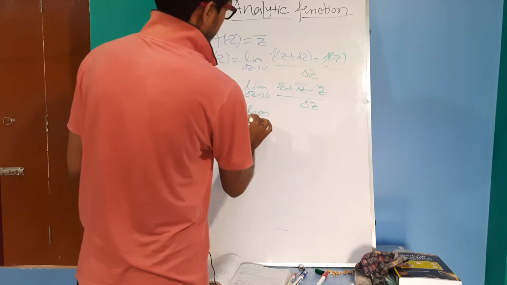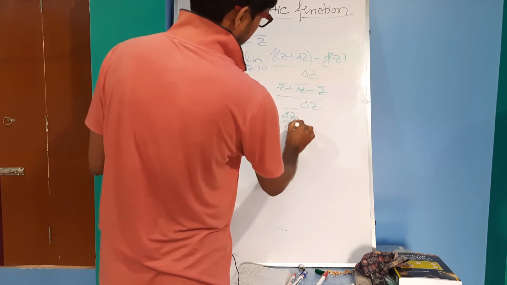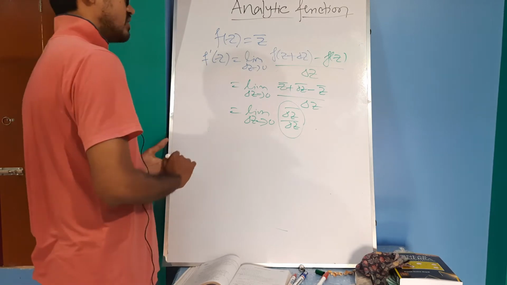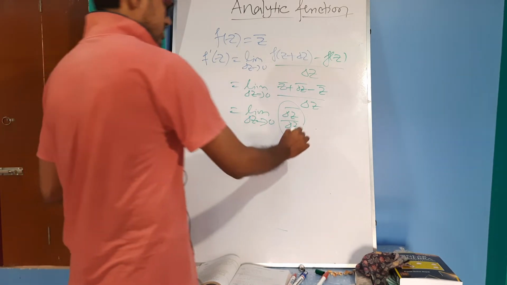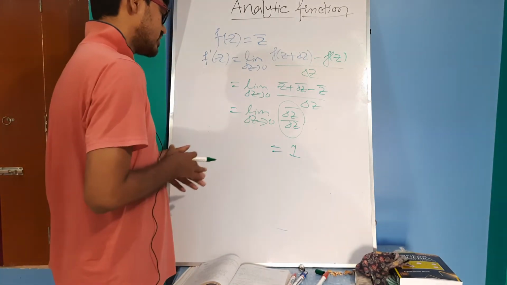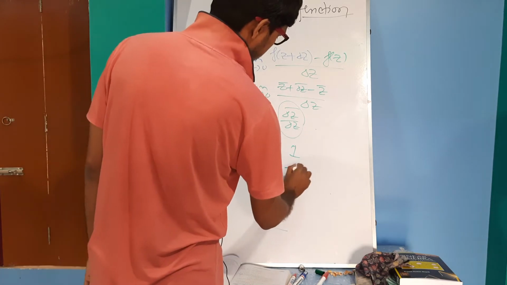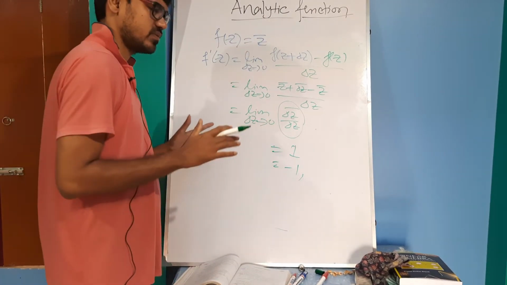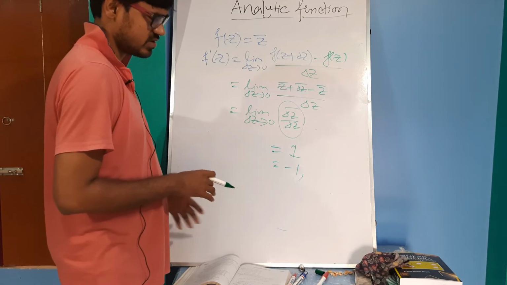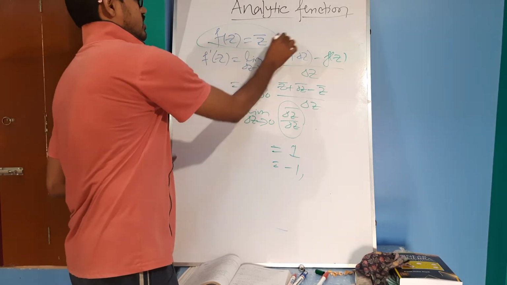In that case, limit del z tends to 0, del z bar divided by del z, and here we have the limit, and it is 1 if you approach the limit for del x comma 0, and will be minus 1 if you approach the limit from the line 0 comma del y. That means the limit is not unique, and hence the function is not analytic.